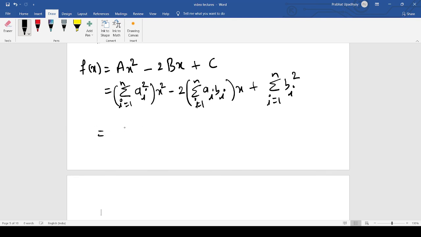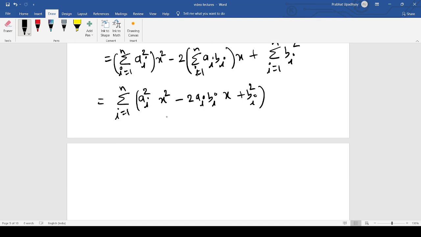This you can say is equal to summation ai square x square minus 2 times ai bi x plus bi square, where i is running from 1 to n.